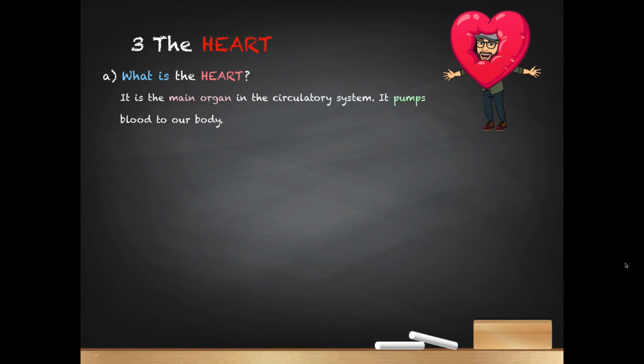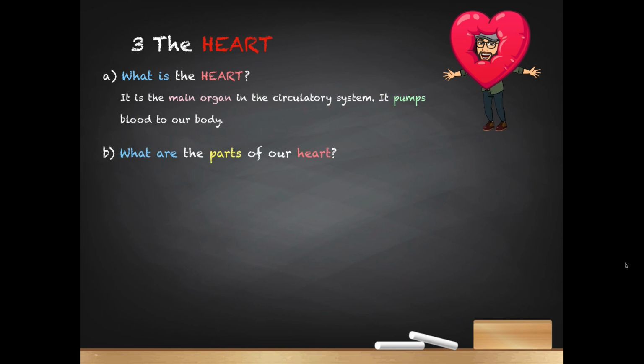And it is the most important part of the circulatory system, okay? And what's the function of the heart? Look at this word in light green. It pumps blood to our body, okay? It pumps. Pumps is similar to send, but a little bit different. It pumps blood to our body.